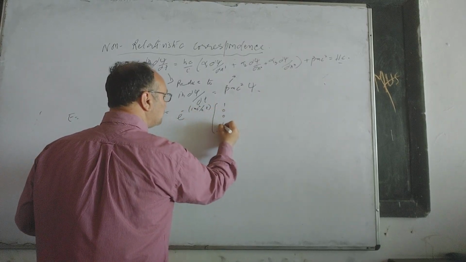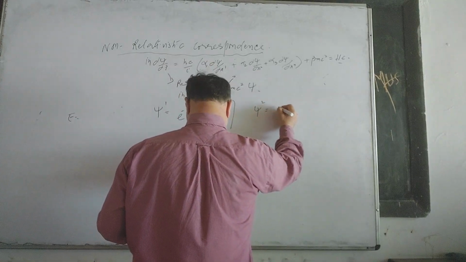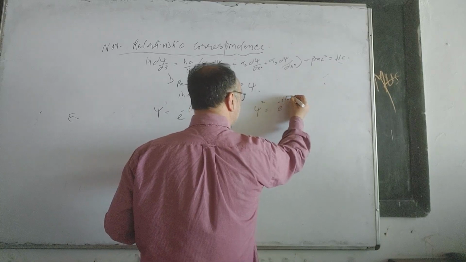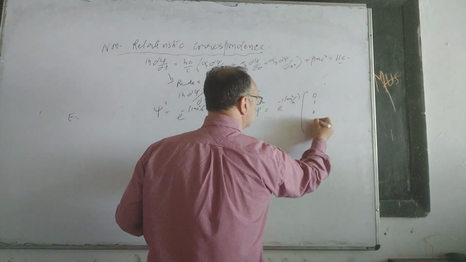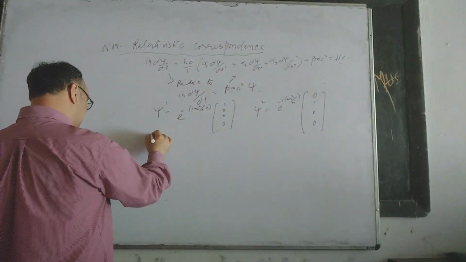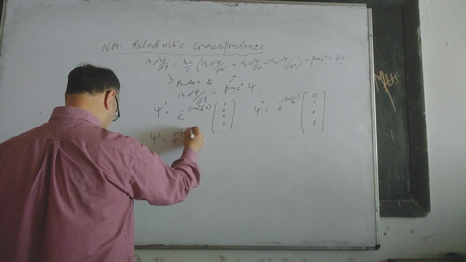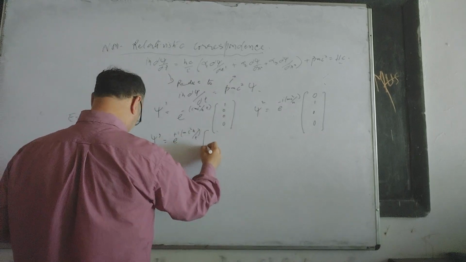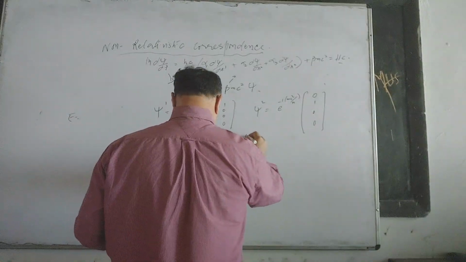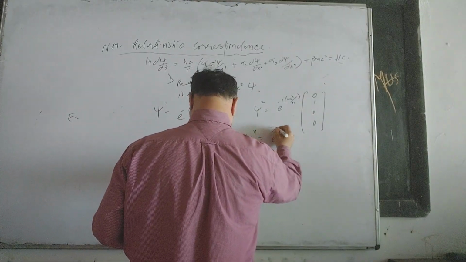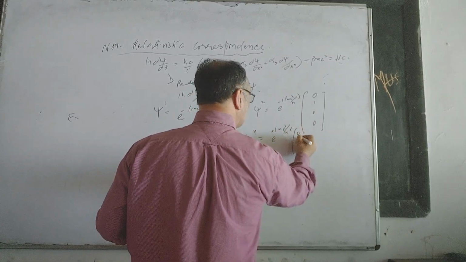Psi 1 is (1 0 0 0). Psi 2 will come like this, with exponent minus i m c square by h bar, and (0 1 0 0). Psi 3 you can take as (0 0 1 0). Psi 4 will be (0 0 0 1).